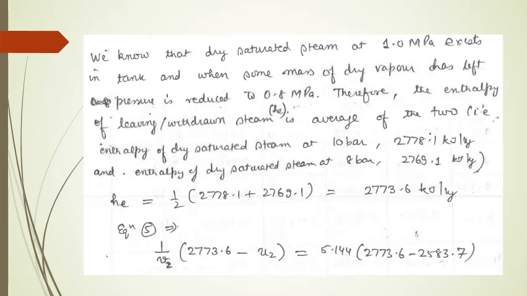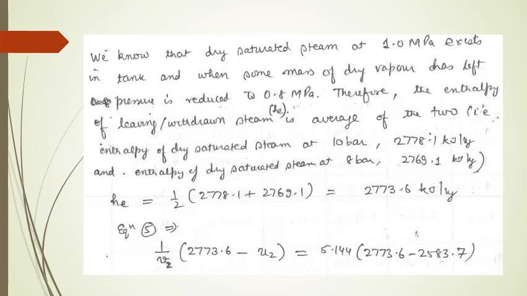We know that dry saturated steam at 1 megapascal exists in tank, and when some mass of dry vapor has left, pressure is reduced to 0.8 megapascal. Therefore, the enthalpy of leaving or withdrawn steam is average of the two. Means He can be obtained by averaging the two enthalpies, that is enthalpy of dry saturated steam at 10 bar, which is 2778.1, and enthalpy of dry saturated steam at 8 bar, 2769.1 kilojoule per kg.